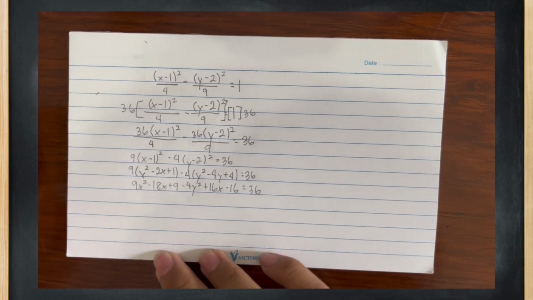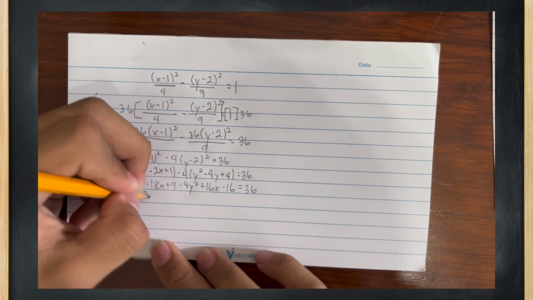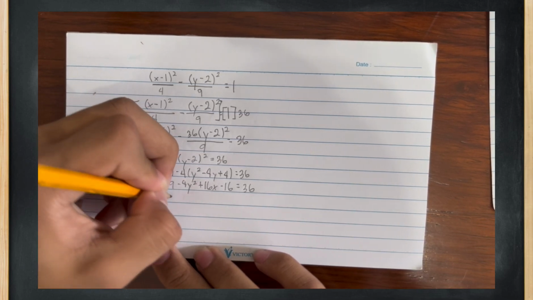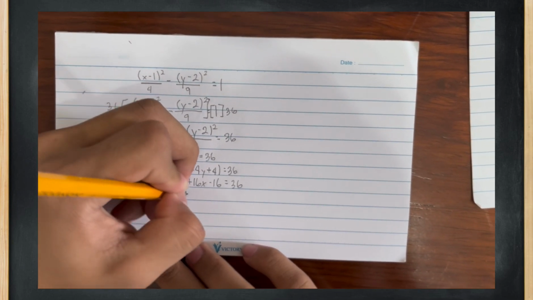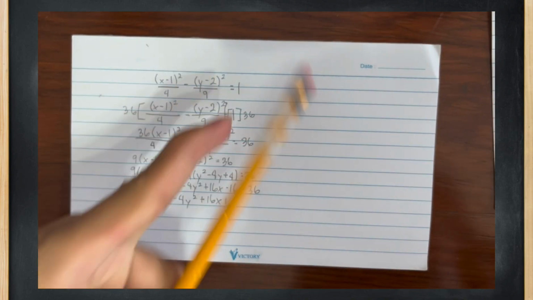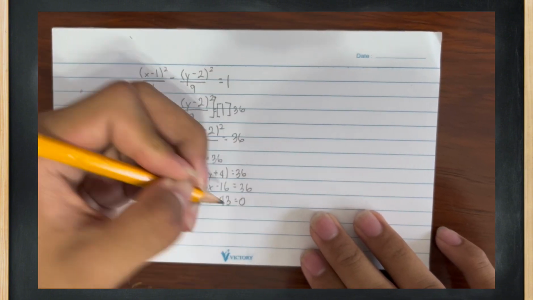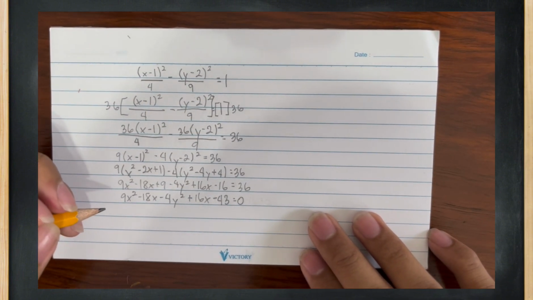Fourth is to combine the constant. And lastly, rearrange the equation.